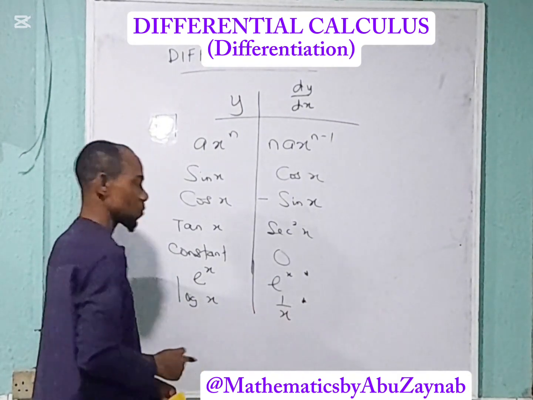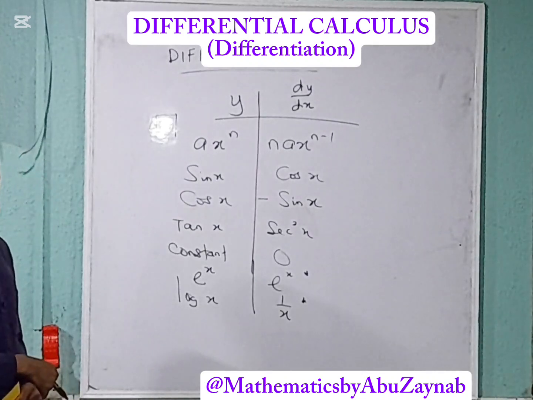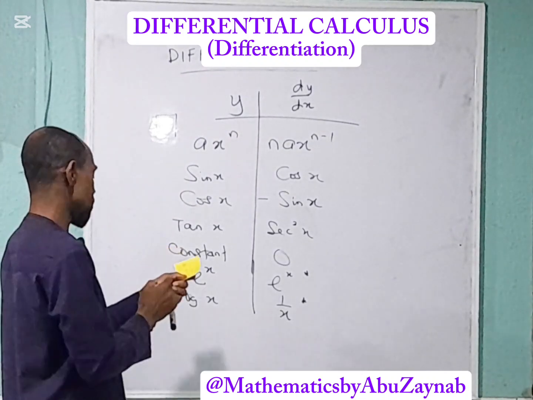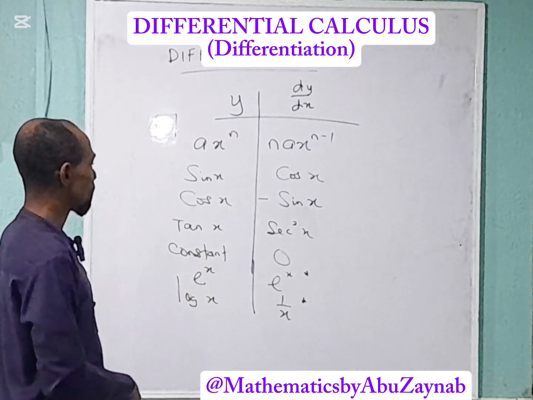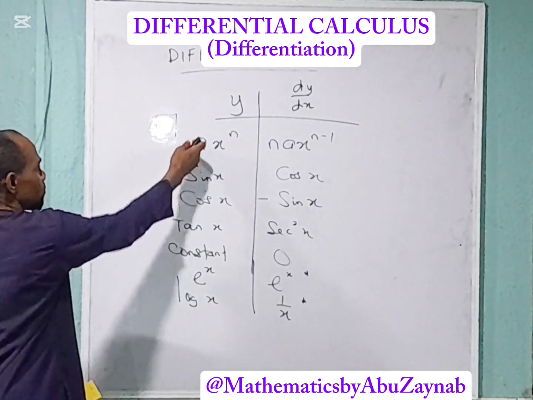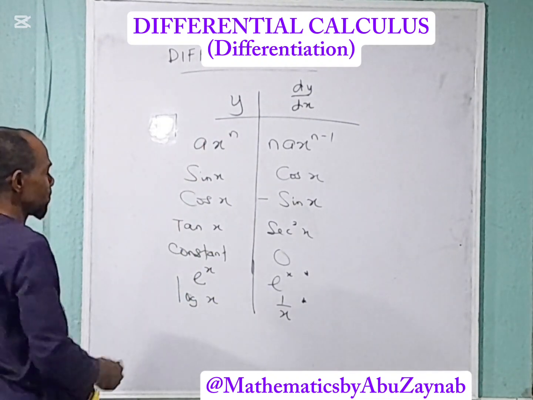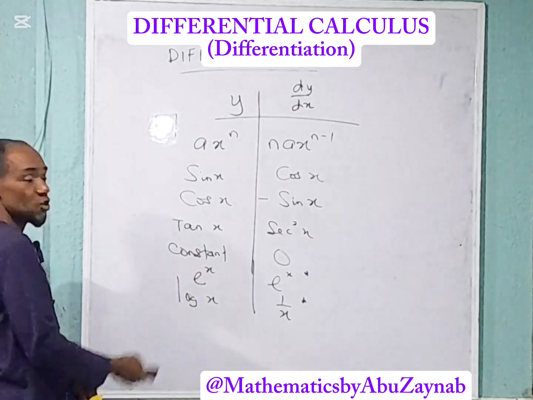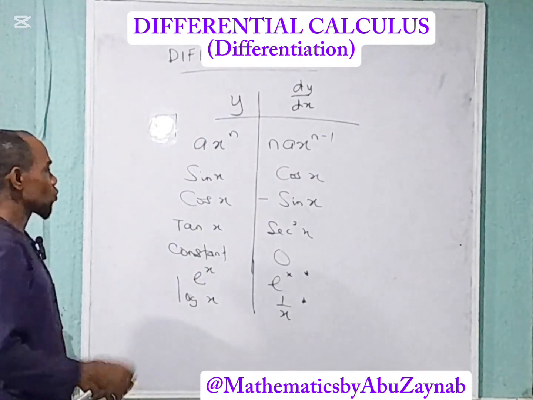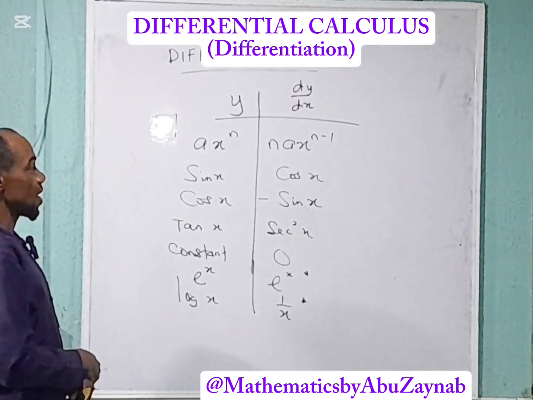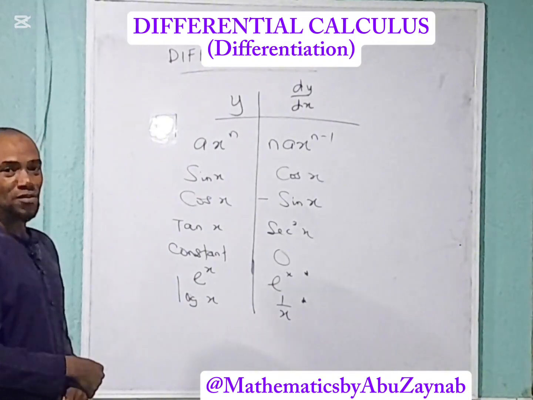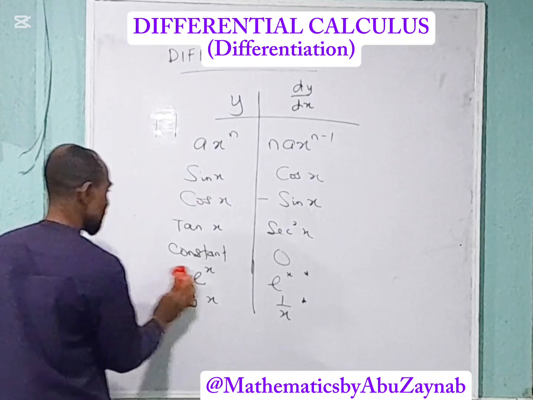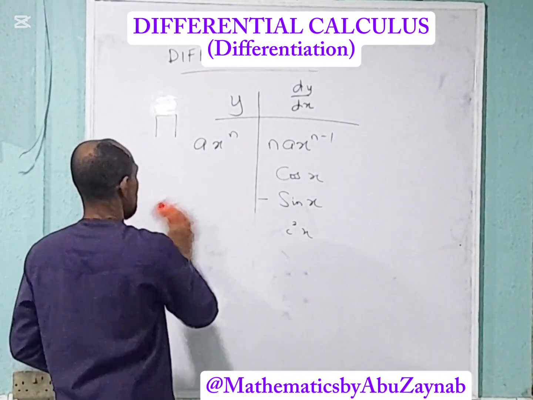Again, this is subject to further explanation. So essentially, these are the tables of differentiation that we have to start with: algebraic, trigonometric, a constant, exponential, and logarithmic. So you must bear this in mind in every question you are going to be solving. Without wasting time, let's take our first few questions.